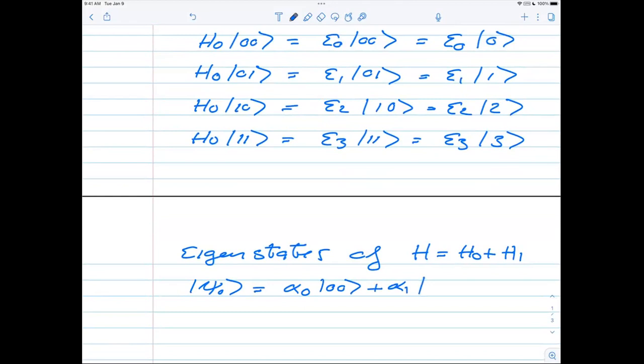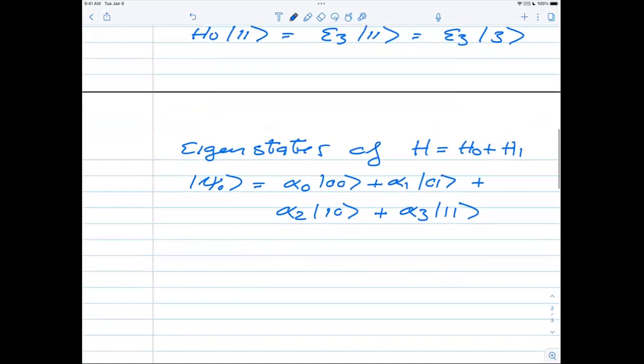So these are the coefficients which we get from diagonalizing the problem. So we are going to set up a Hamiltonian matrix, which in this case is going to be a 4x4 Hamiltonian matrix. So we have this linear combination of states. So when we diagonalize the problem, we are ending up with a matrix, which is a 4x4 matrix.